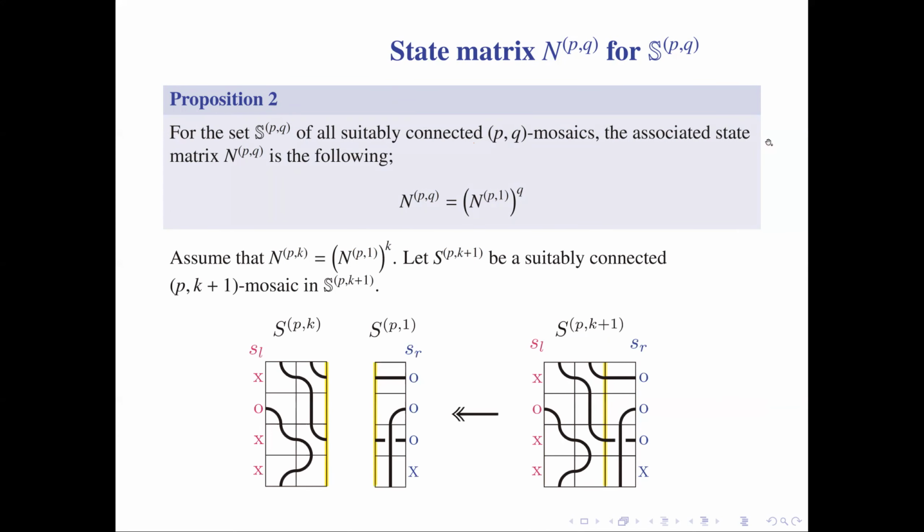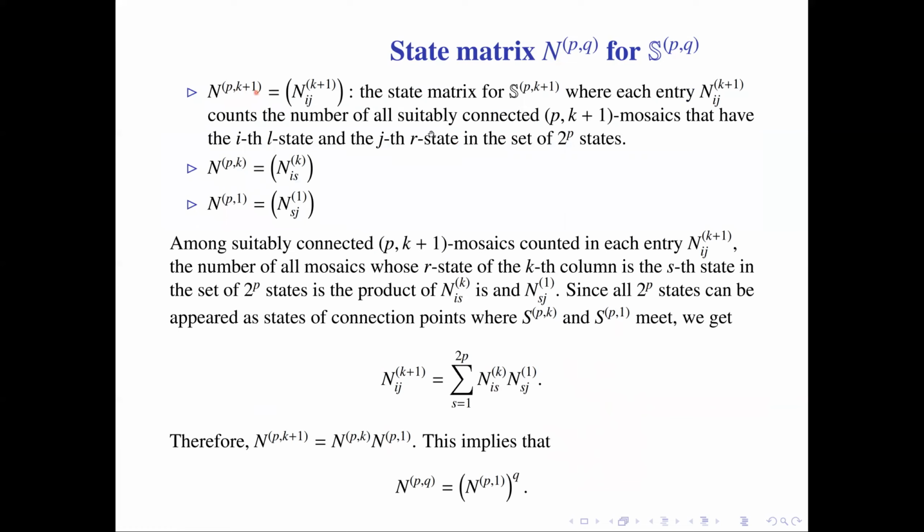Then we denote NPK plus 1, the state matrix for SPK plus 1, where each entry nij counts the number of all suitably connected PK plus 1 mosaics that have the i-th L state and the j-th R state in the set of these states. Similarly, we can denote NPK and NP1.